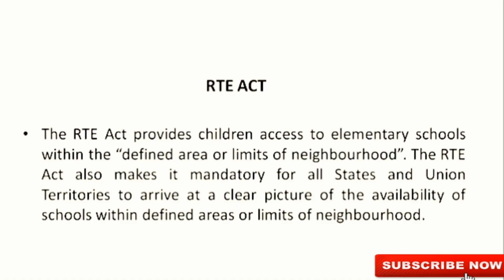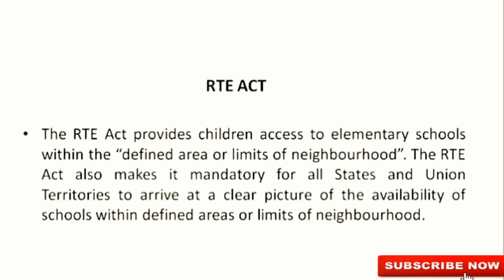Now, we have seen what access means. Access is nothing but the distance; the school should be accessible for the children to have education. The Right to Education Act, what does it say? The Right to Education Act provides children access to elementary schools within the defined area or limits of the neighborhood.